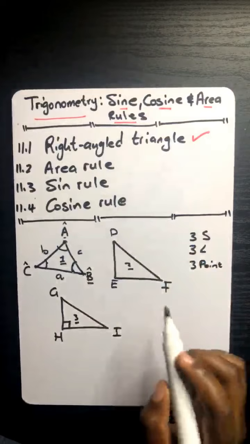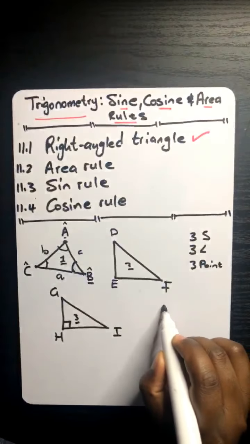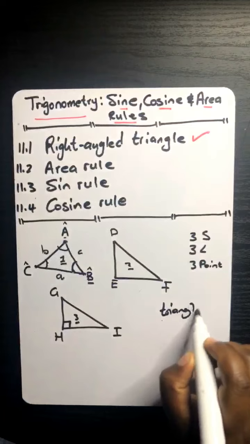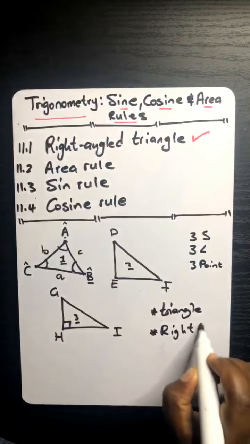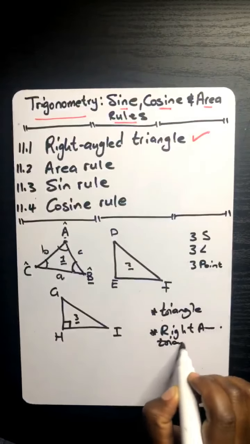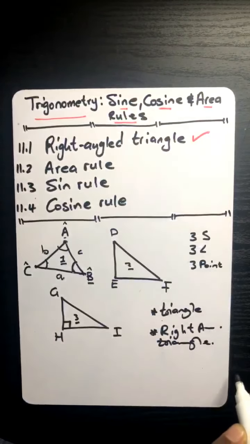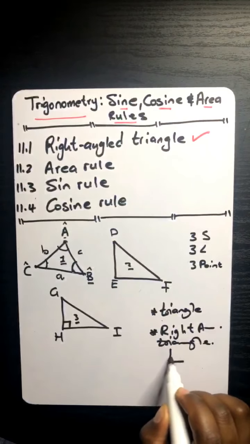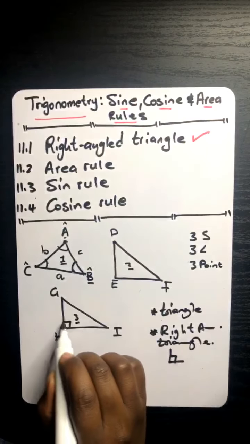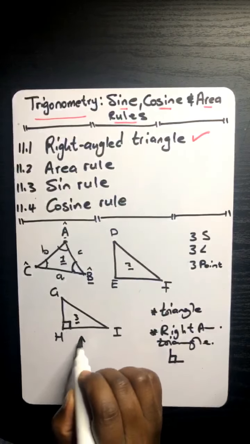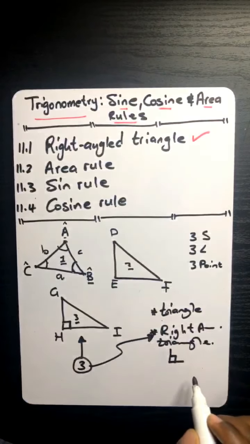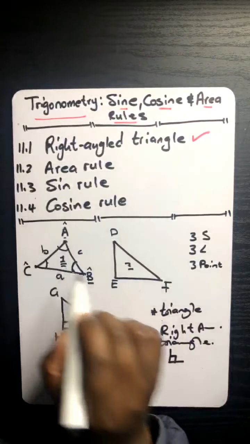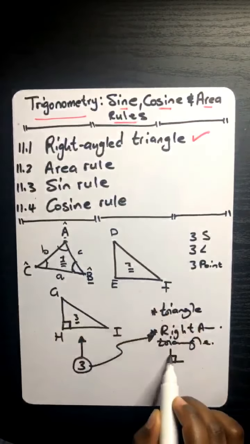Let me continue. So, good people, you either have a triangle or you have a right-angled triangle. So how do you notice a right-angled triangle? That's where you see this sign, meaning triangle number 3 is a right-angled triangle. But can you see that on triangle 1 and triangle 2 we do not have this sign.